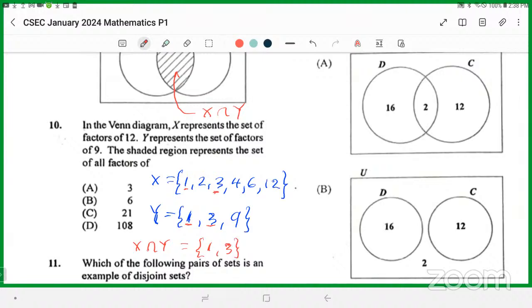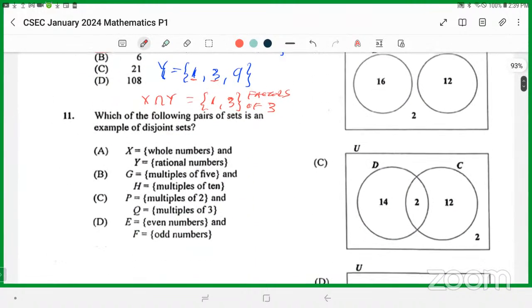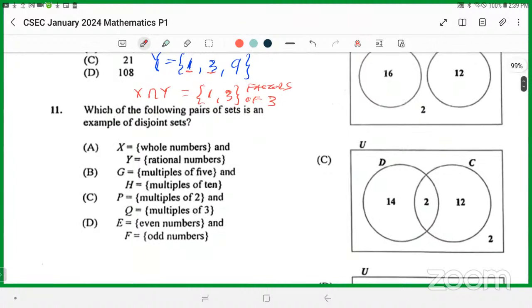So the shaded region represents factors of which of these numbers? These two are factors of 3, because these are the factors of 3, 1 and 3. It's a prime number.